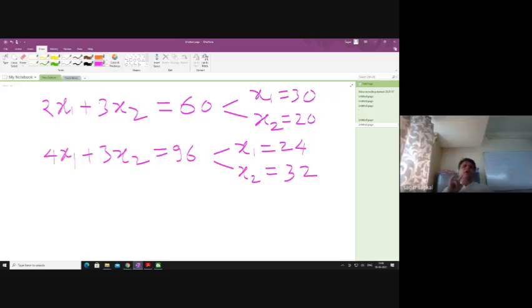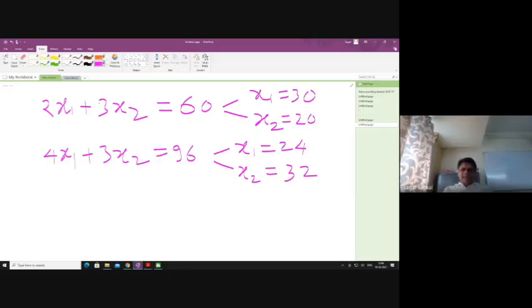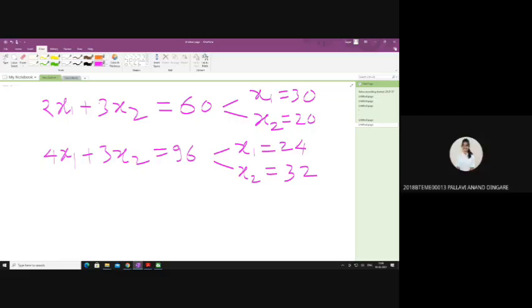Yes. Now we have another condition, that is x1, x2 greater than or equal to 0. In which quadrant is x1, x2 greater than or equal to 0? First. Yes. Okay.